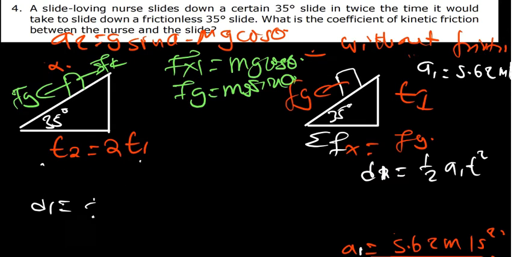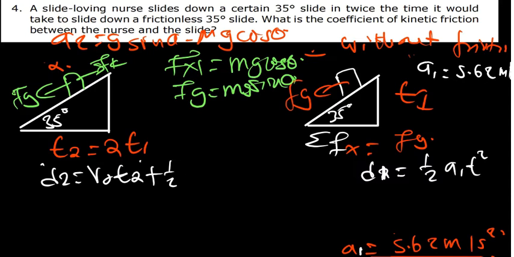Now let's go to 2. If we use the same formula, D2 is V initial times T2 plus half A2 T2 squared. The initial velocity is 0, started from rest, so we cancel this.